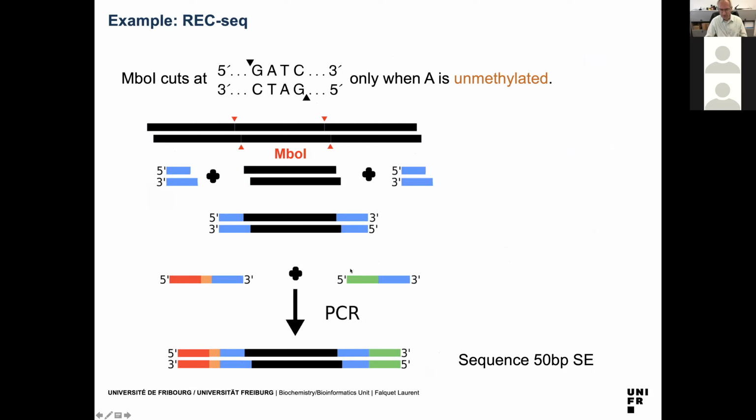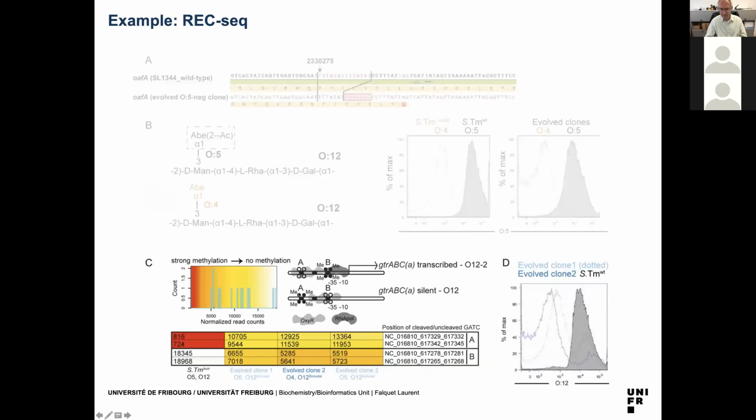And once you have cut, you can then add your adapter sequences and build your Illumina library and then sequence the reads. You remap the reads to the reference genome and you can identify regions that have been found as being unmethylated. And so this is what we did for several clones.